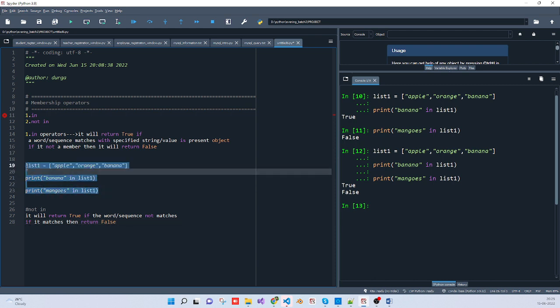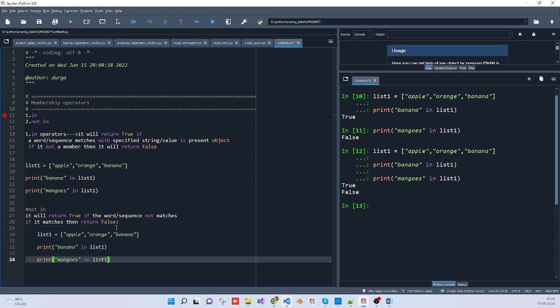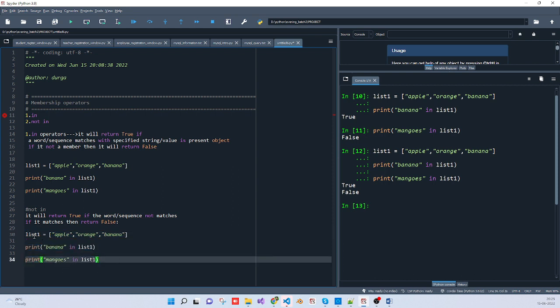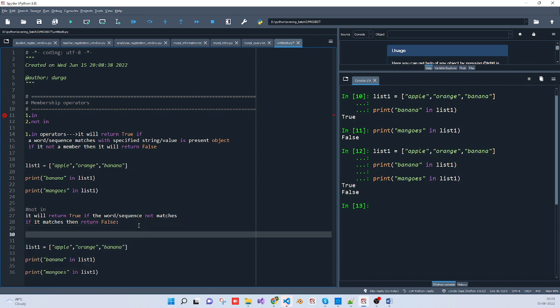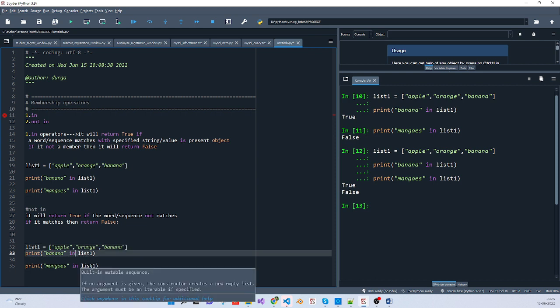So I am taking the same example. Control C. If you are getting misaligned keywords, the shortcut is shift tab to align. Now the alignment is done. Next, list one I am taking apple, orange, banana, and now I am using not in.